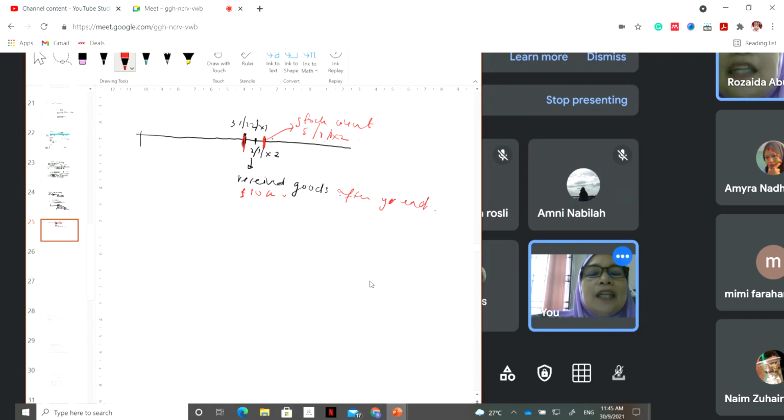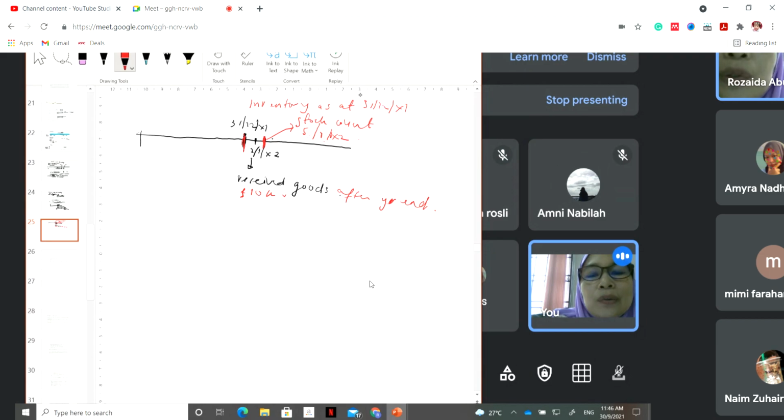After year end, it should not be included, because for the stock count, you want to count inventory as at what date? If you want to see the company counting inventory as at what date? Year end. 31 December X1.